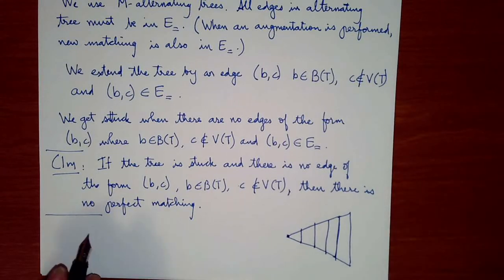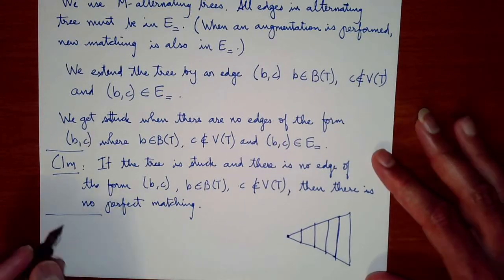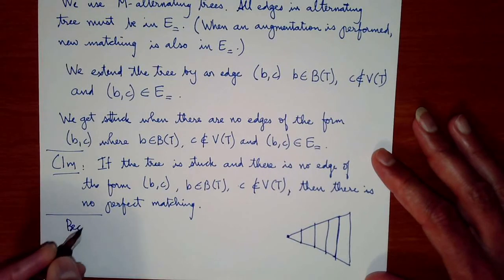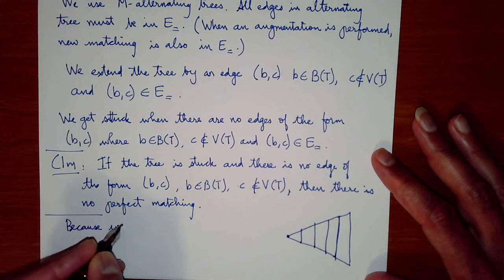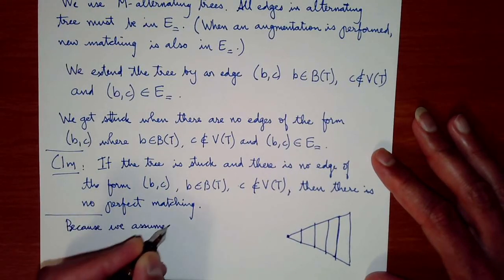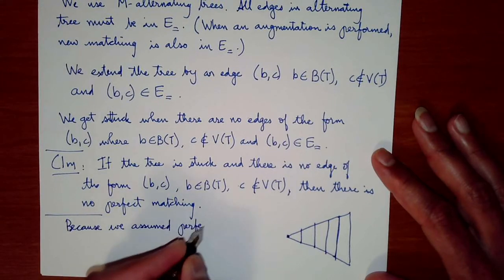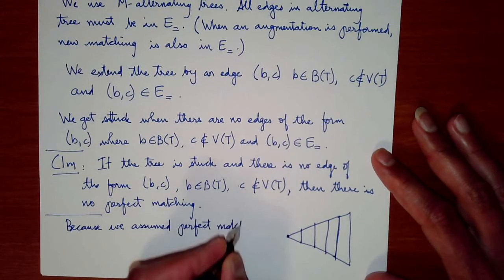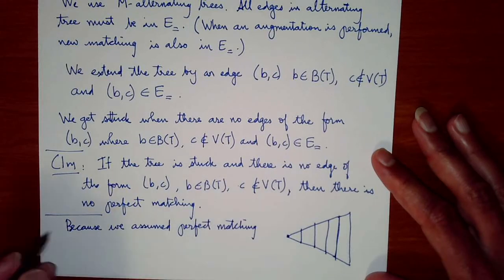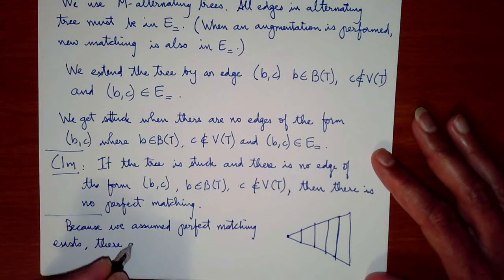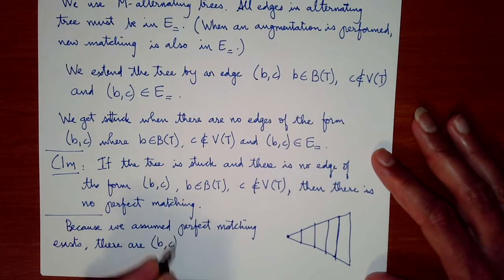So because we assumed a perfect matching exists, there are these BC edges, but none are equality edges.